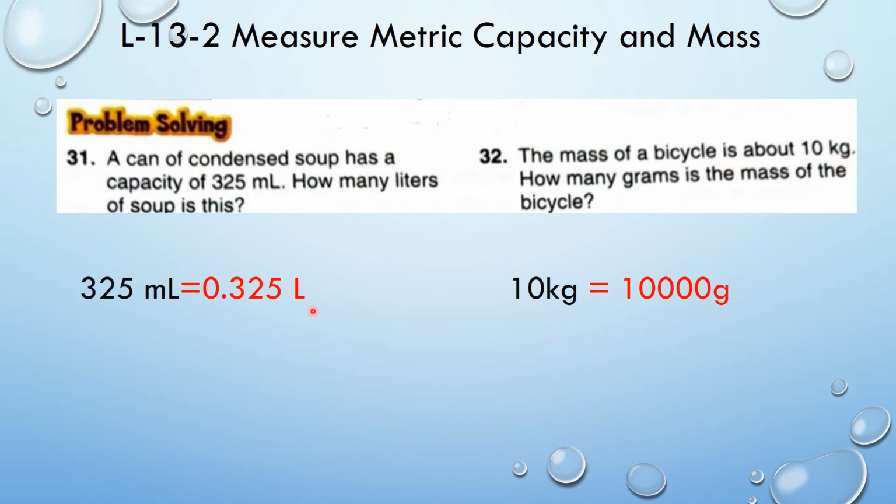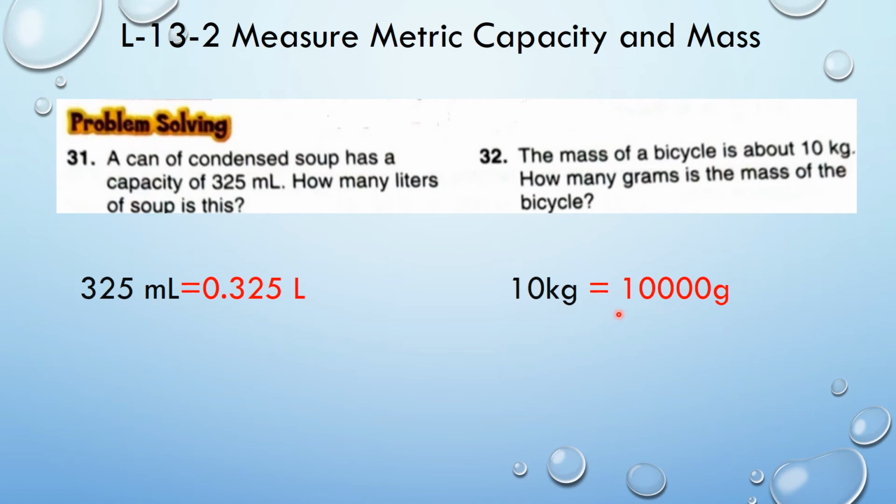Then you can see, yes, your answer is 0.325 liters. And this one: the mass of a bicycle is about 10 kg. How many grams is the mass of a bicycle? That means kg to gram. The kg to gram is converted from up to down. Down means shift to the right. The decimal is here.